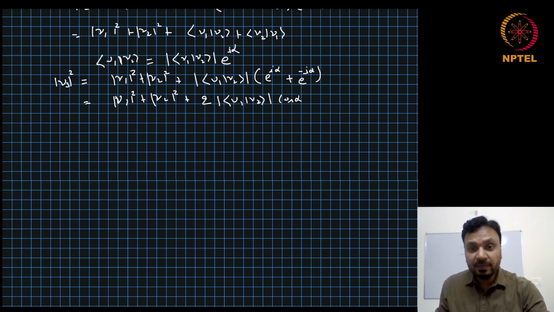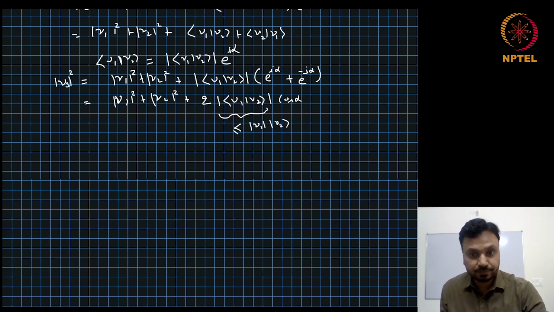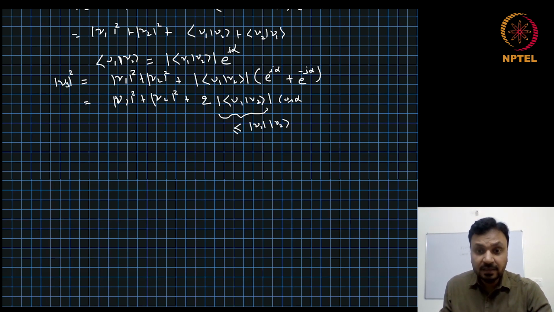Now just remember our other inequality that this factor is always less than or equal to mod of v1 and mod of v2, product of v1 v2. But the whole factor we still don't know whether it will be less or more, because cos alpha can take value between -1 and 1.